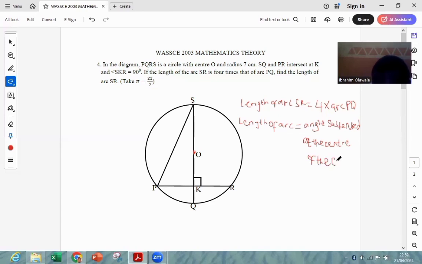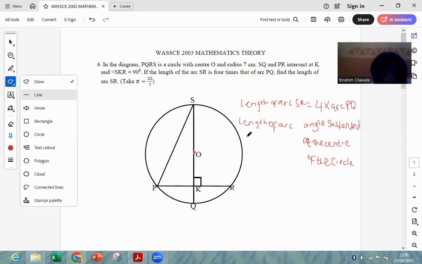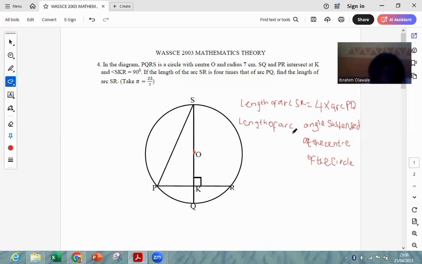So what I'm trying to say here, permit me to use a symbol for proportionality. The length of arc is always proportional to the angle subtended at the center of the circle.